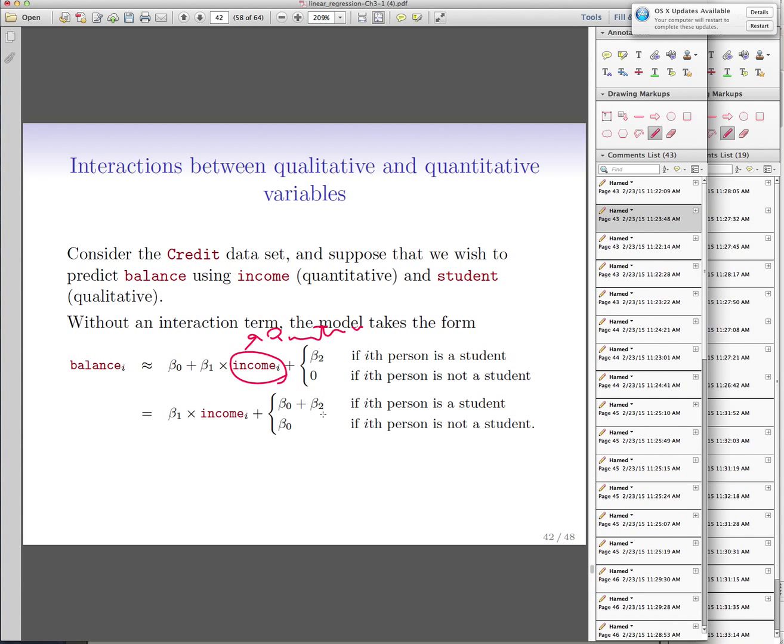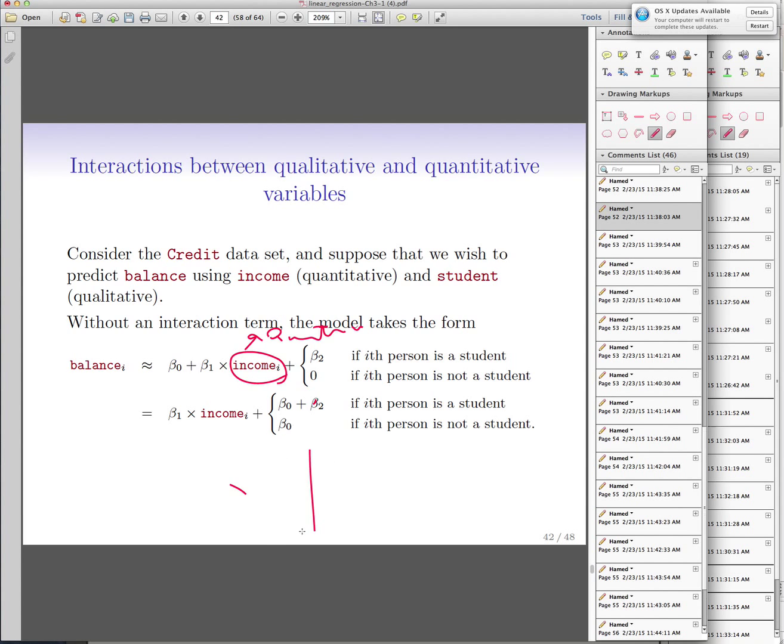So that is the case without interaction. If it's a student, you get beta 2 here. If it's not a student, you get beta 0. So for different values of income, you see these differences. So that is without the interaction term.